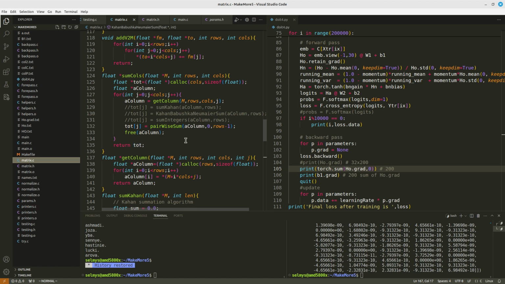Some of the different functions I use to sum a column: I use this sum Kahan method. I've used this variation on the Kahan method. I tried to just convert everything to integers and sum everything as integers.